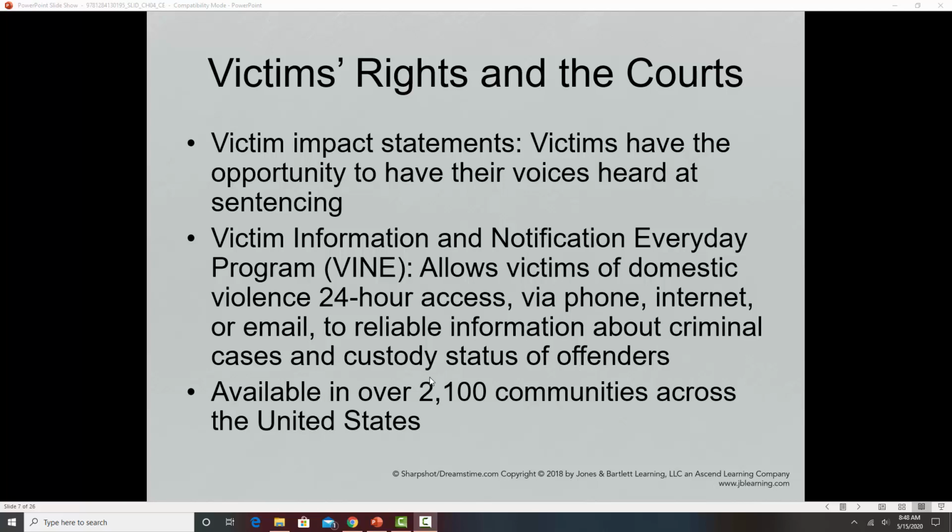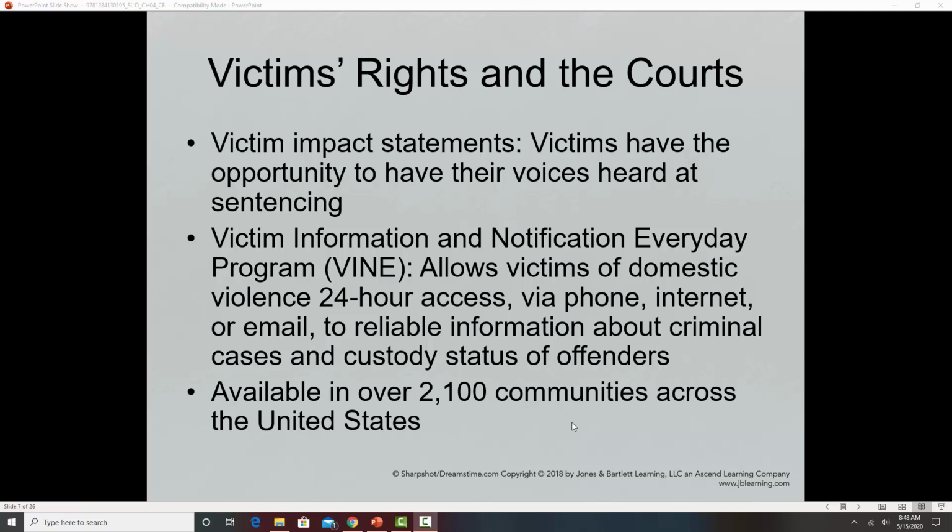The Victim Information and Notification Everyday Program allows victims of domestic violence 24-hour access via phone, internet, or email to reliable information about the criminal cases and custody status of the offenders, letting them know if somebody has escaped from jail, what's going on with their case, are they going to be going up for parole. It just gives the victim the right to know what is going on with the offender.